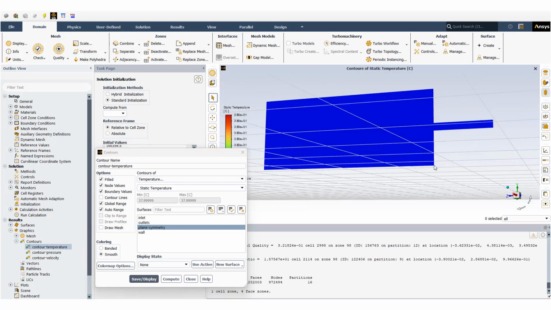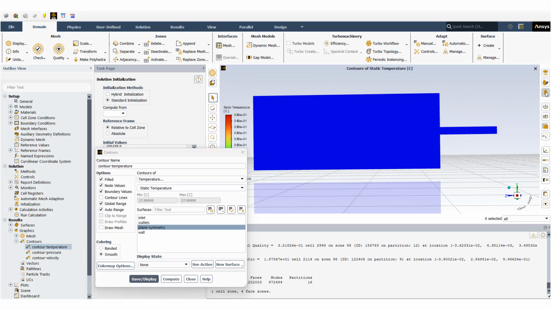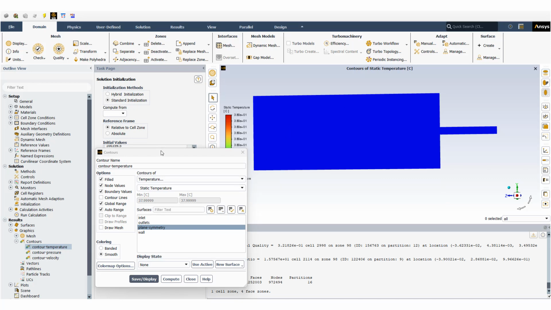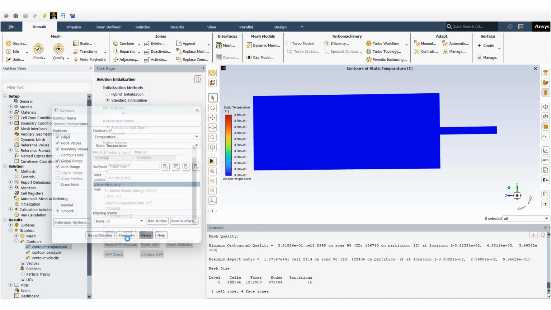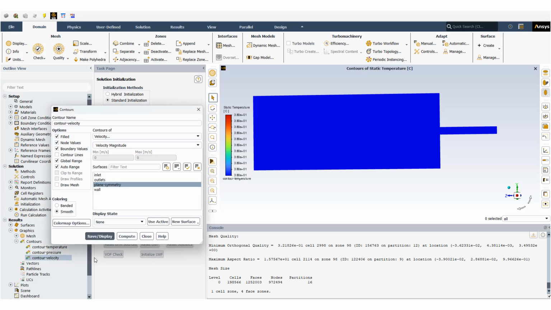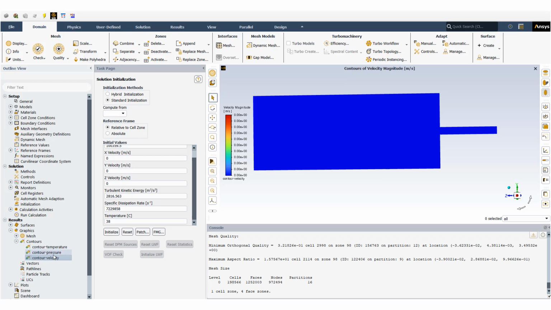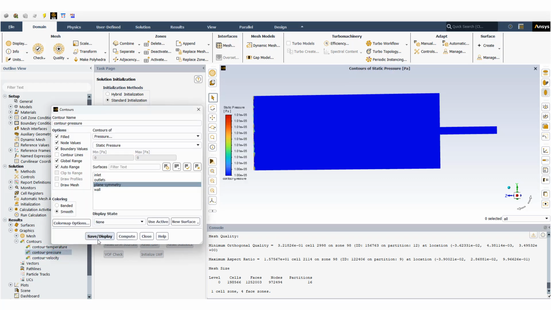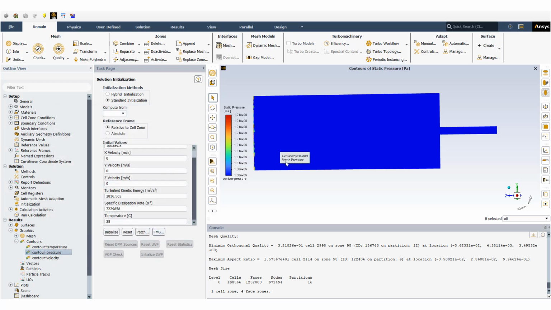As you can see here, initial temperature 38, zero velocity everywhere, and pressure it should be 101. Yeah, as you can see here.